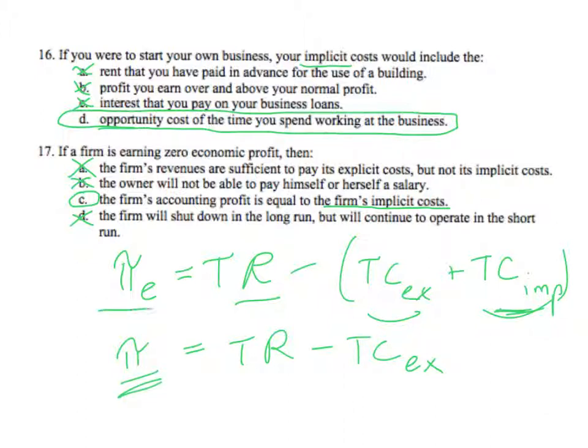If economic profit were zero and there were non-zero implicit costs, the accounting profit, this should be sub A, is going to be different than the economic profit by the amount of the implicit costs. And so the firm's accounting profit is equal to the firm's implicit costs. This was a really hard one.